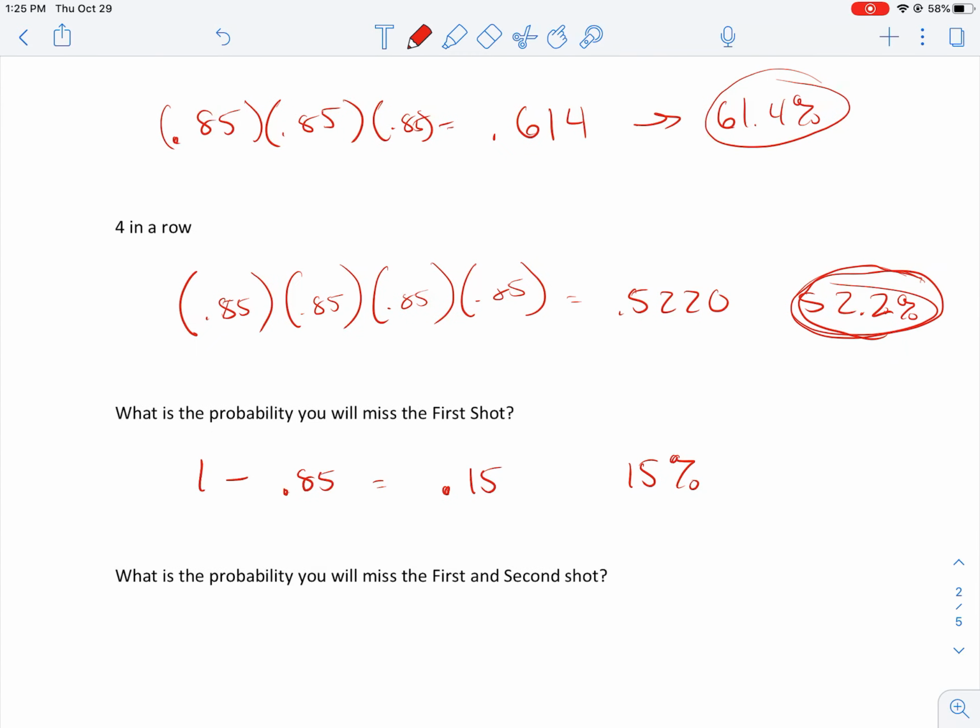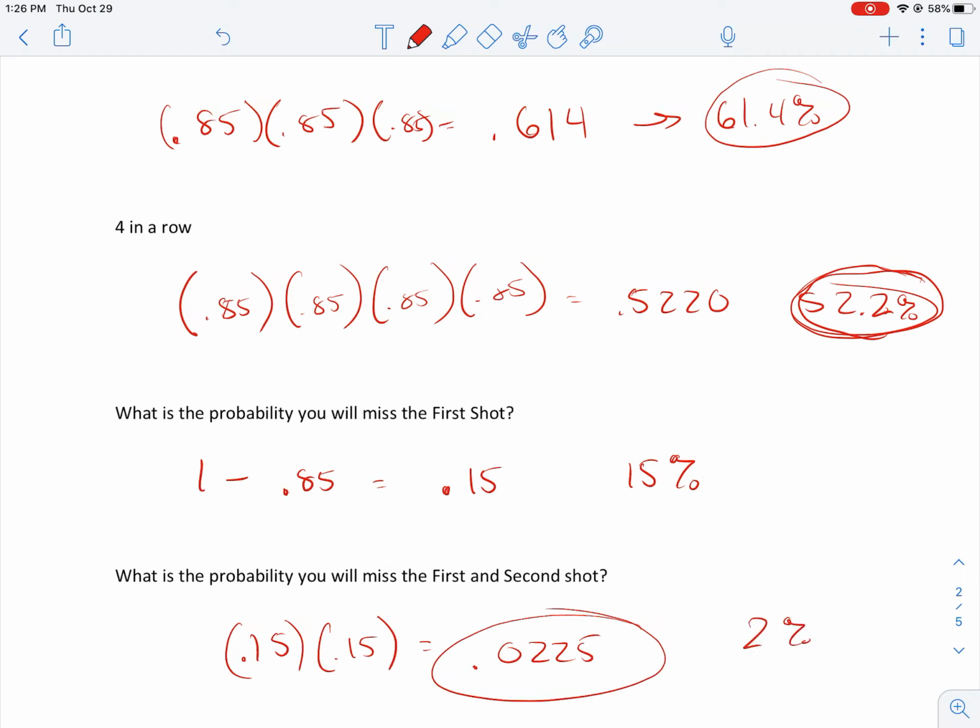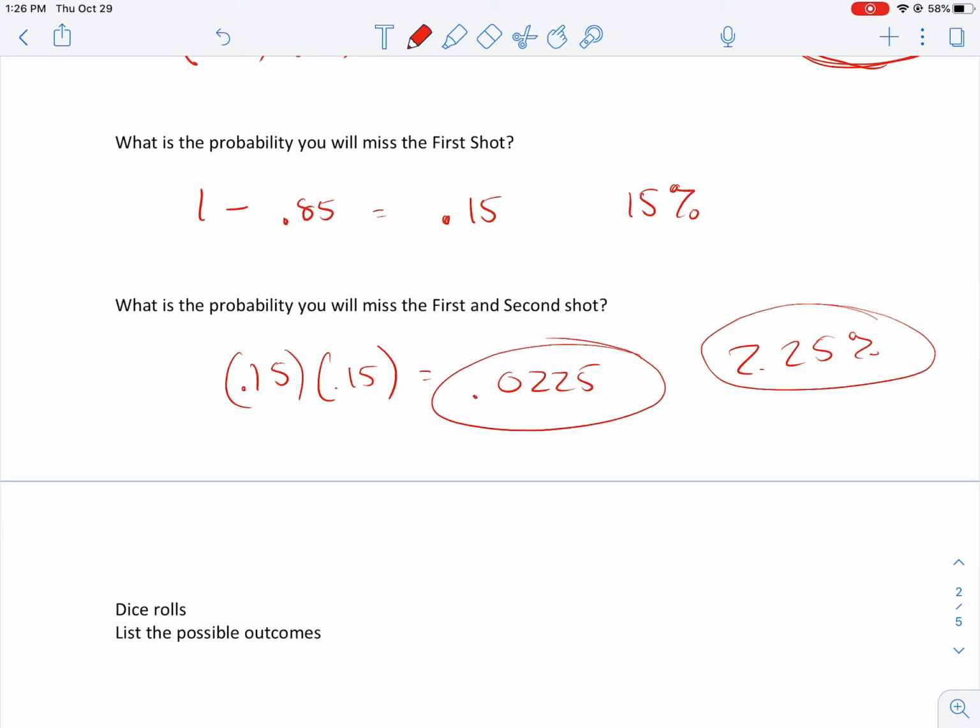And then what is the probability you will miss the first and the second shot? So it's going to be 0.15 times 0.15. You get 0.0225, right? So the probability I will miss the first and the second shot is only 2%, or 2.25%, which isn't bad. Not a bad shooting percentage. And then you can keep going down in order to figure out the rest.